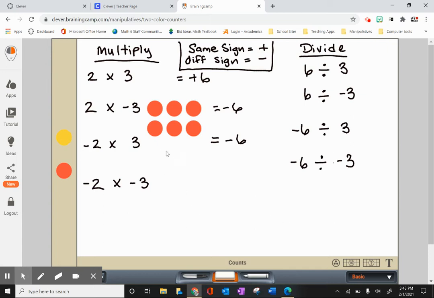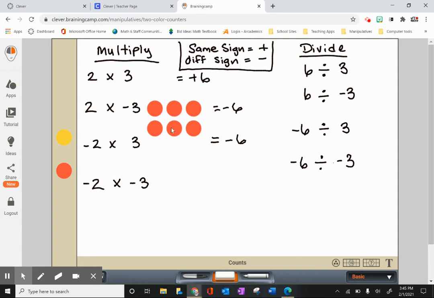So one way to look at multiplication is repeated addition. If you're saying 2 times 3, that is 3 plus 3, 3 plus itself 2 times. If one of the numbers is negative, it becomes like repeated subtraction, where it's saying negative 3 plus negative 3, which is negative 3 minus 3.